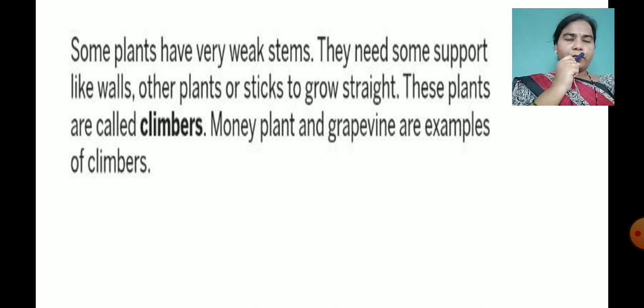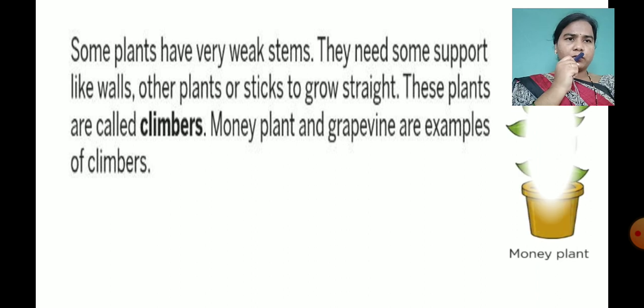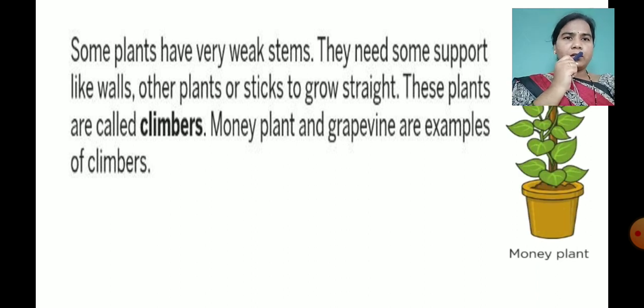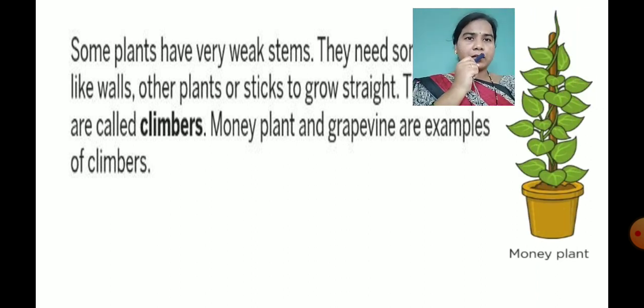Some plants have very weak stems, like grapevine and money plant. They need some support like walls, other plants or sticks to grow straight.